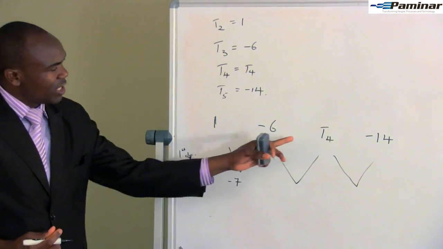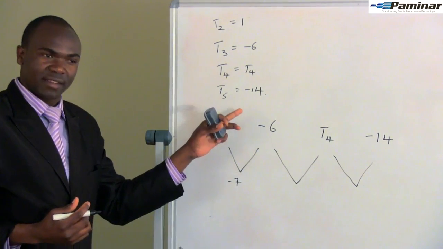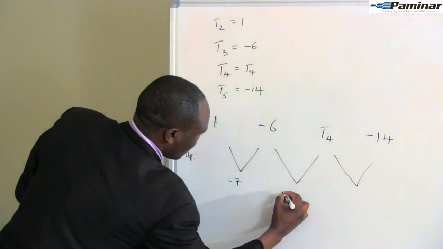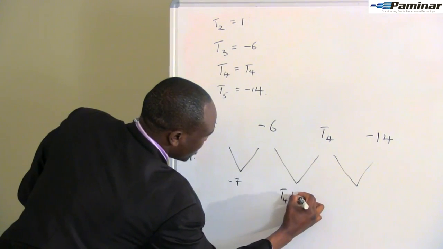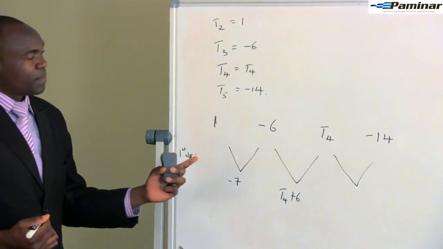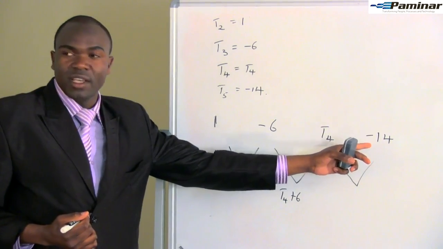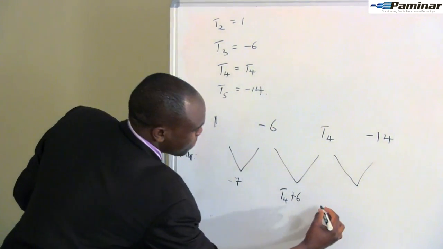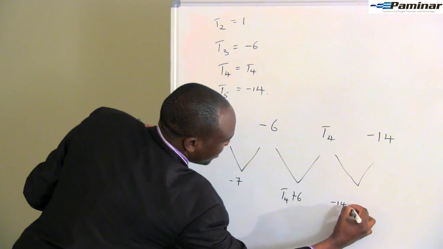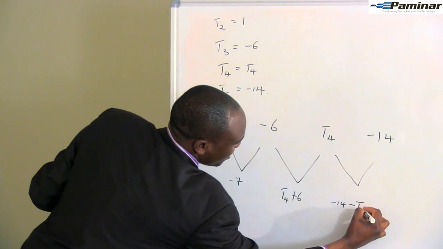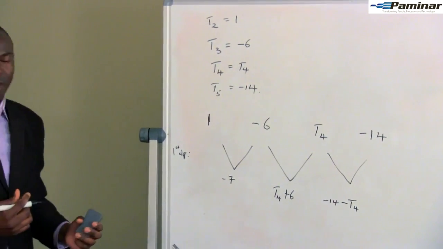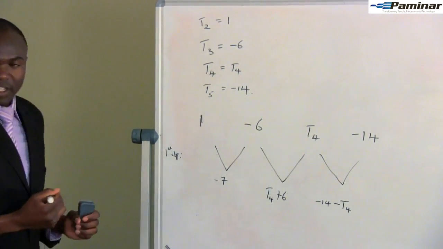And then T4 minus -6, which is T4 plus 6. And then -14 minus T4. Now this is the first difference.